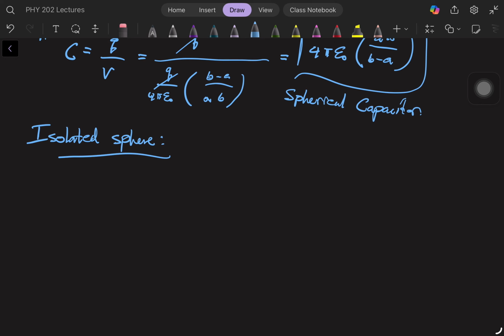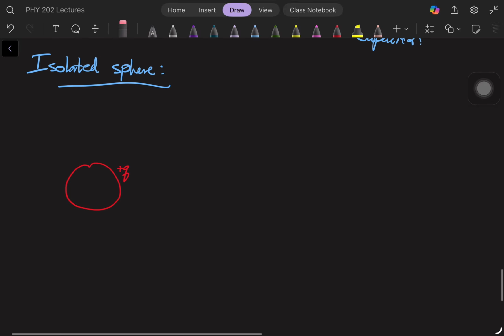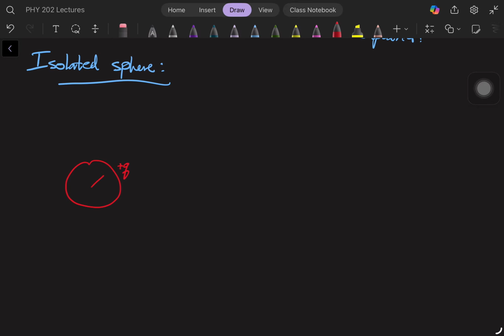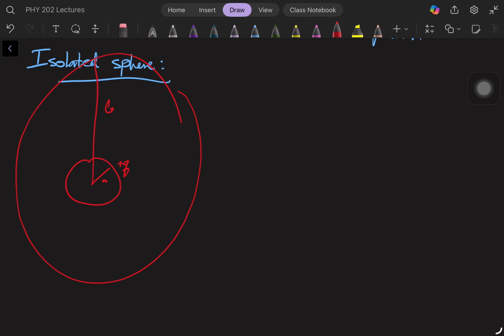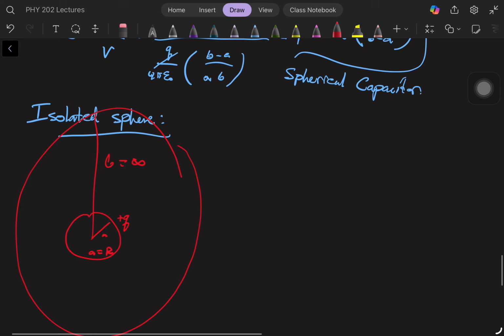Cool. And so then briefly, let's just look for an isolated sphere. And so if we imagine plus Q on our sphere, all right, we still have A as our radius. And then if we think about what it means to be isolated, we could say that this distance B equals infinity, and then we can also say A is equal to R, the radius of our sphere.